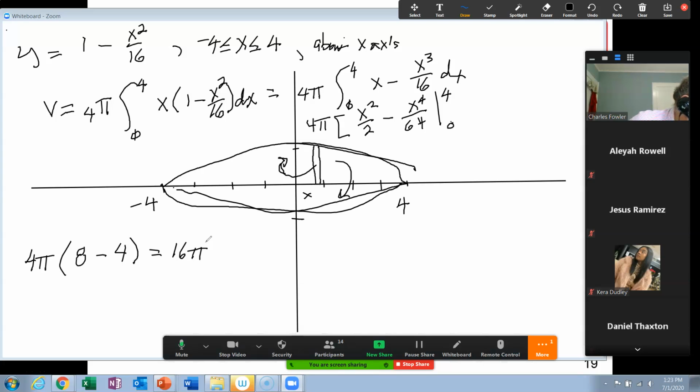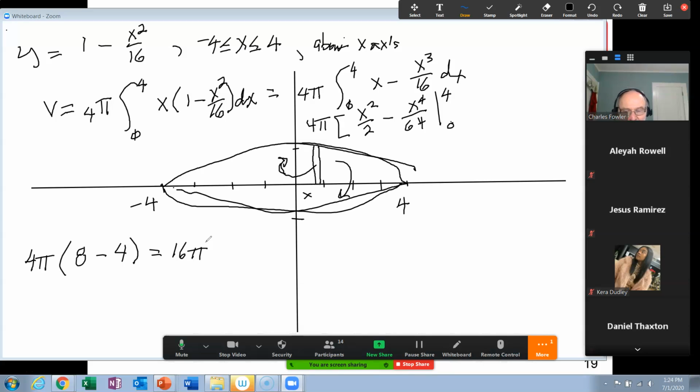Oh, they're doing a disk method. They did exactly what I said. Oh no, I misread it. Sorry about this. About the x-axis. Okay, I drew it right, but then drew it up here as if it's going around y. I'm sorry. I did the wrong problem.